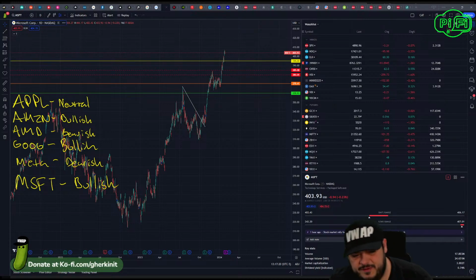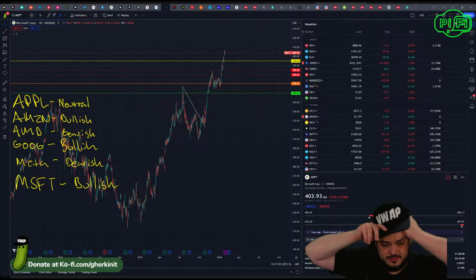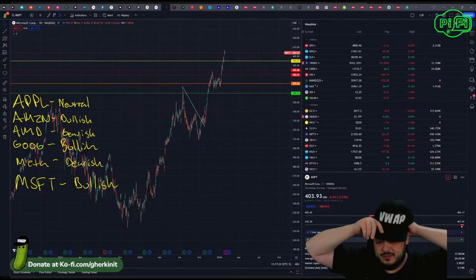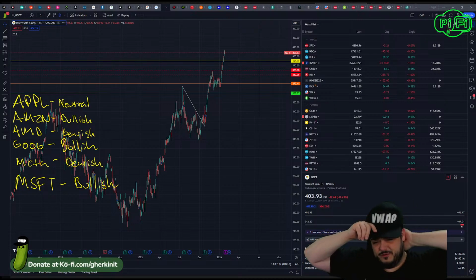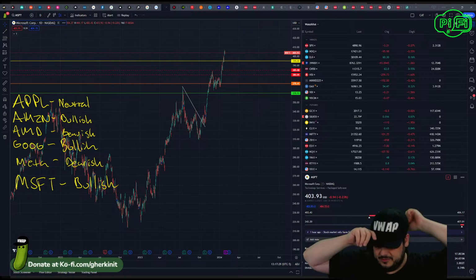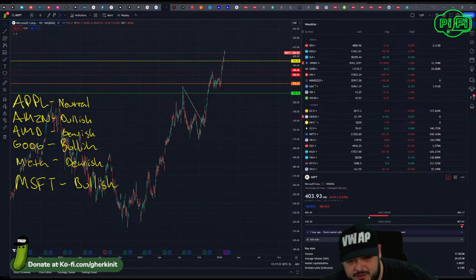Obviously, if it falls below 400, you'd want to get out. But if it stays above 400, then those short calls might squeeze off before earnings, and that could probably pretty easily push price towards Gamma Max, which is at like 420. So that one's a little tricky, but a nice opportunity if it played out.